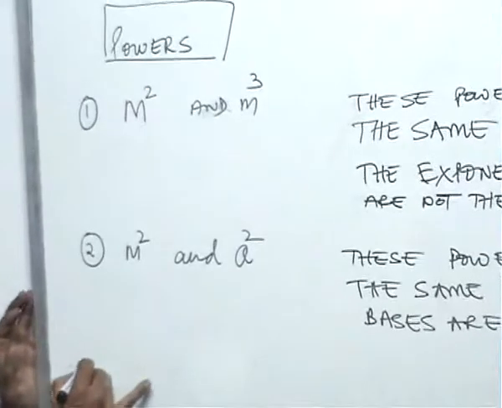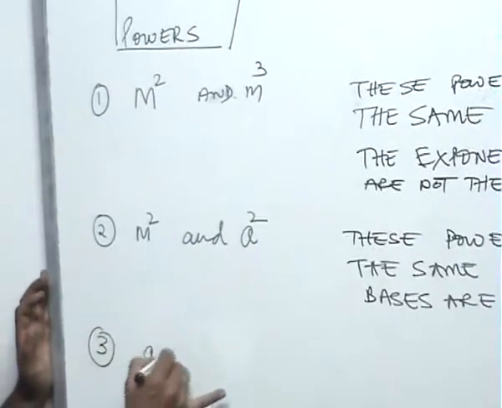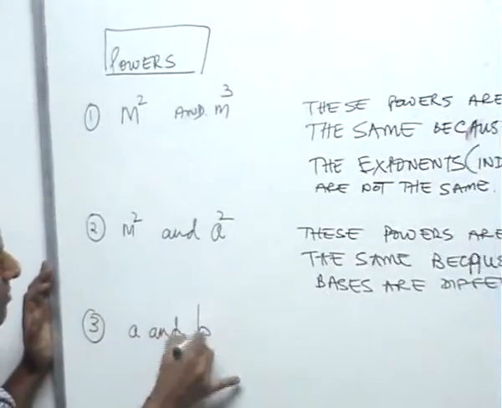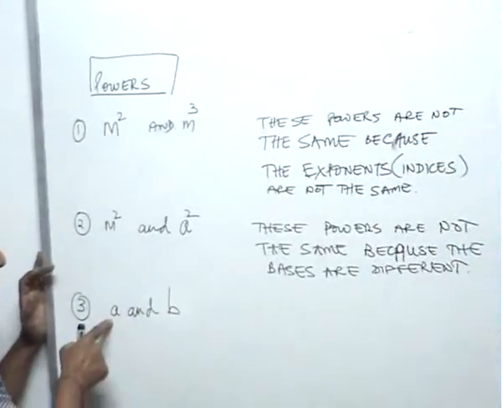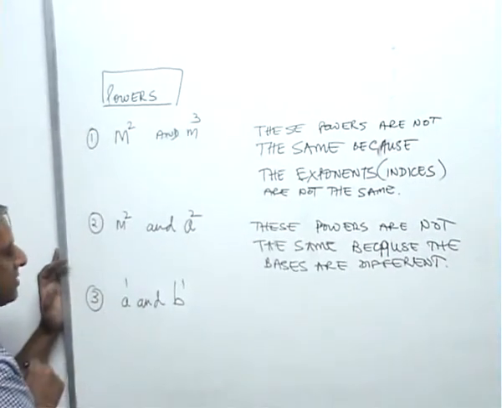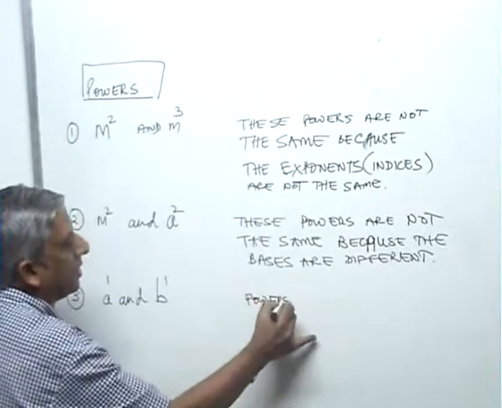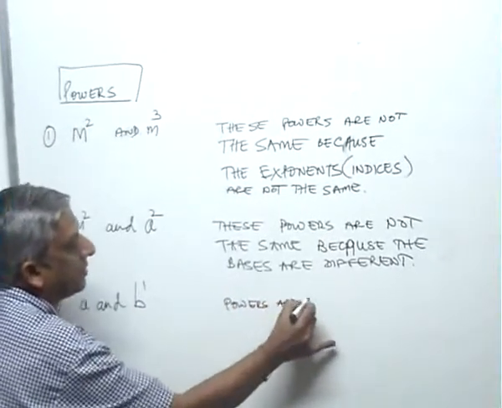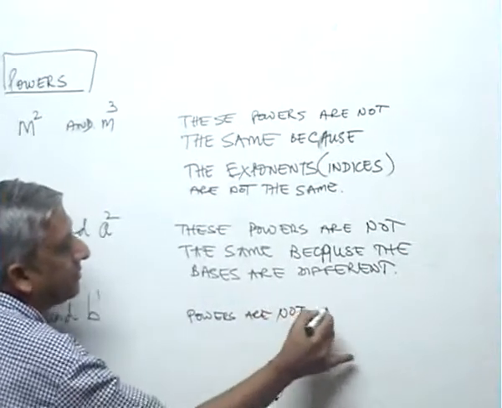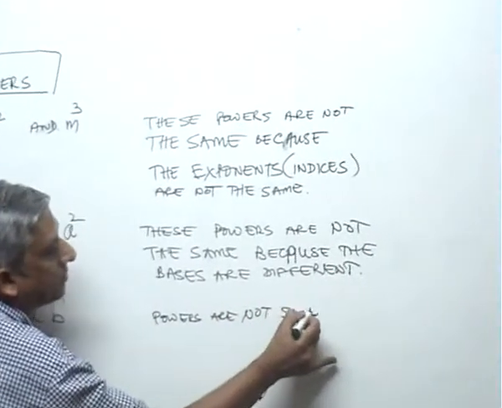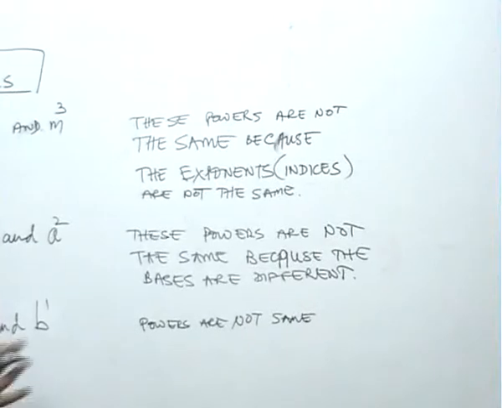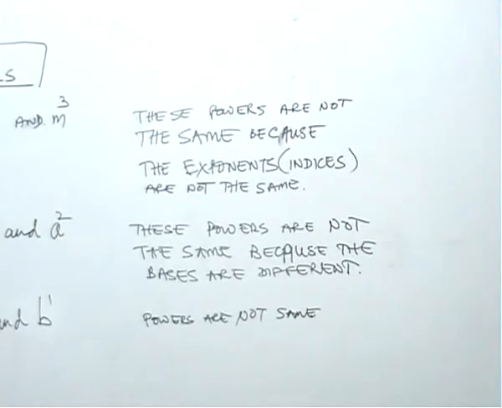Right, so if we look at number 3, A and B, these are bases. The indices are exactly the same, but these powers are not the same, because the bases are different.